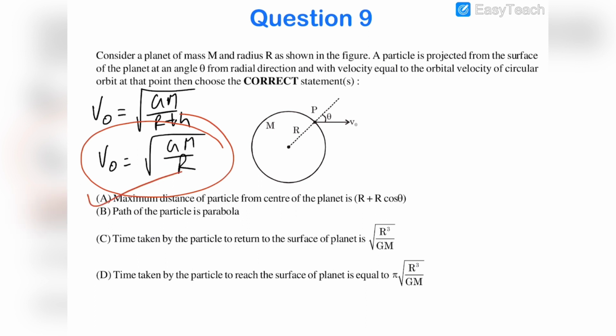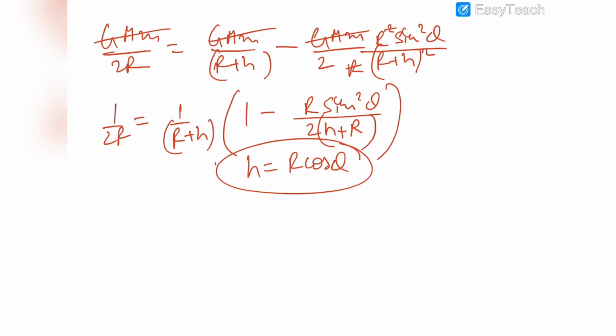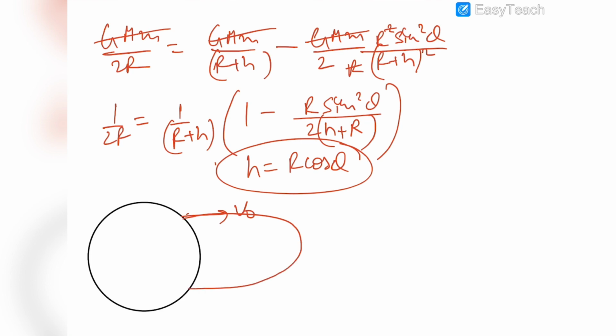Now we have to find the time taken by the particle to reach the surface again. So for this case, let us draw the diagram again. Let us see that it was projected like that and it returned like that. Obviously we know that this would be an ellipse.